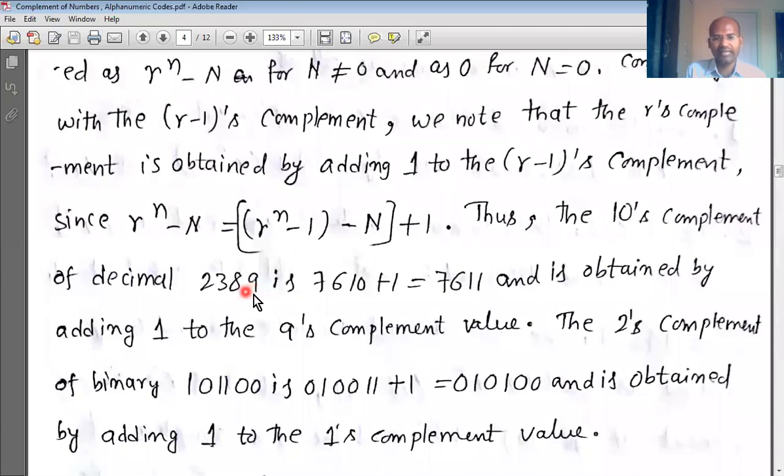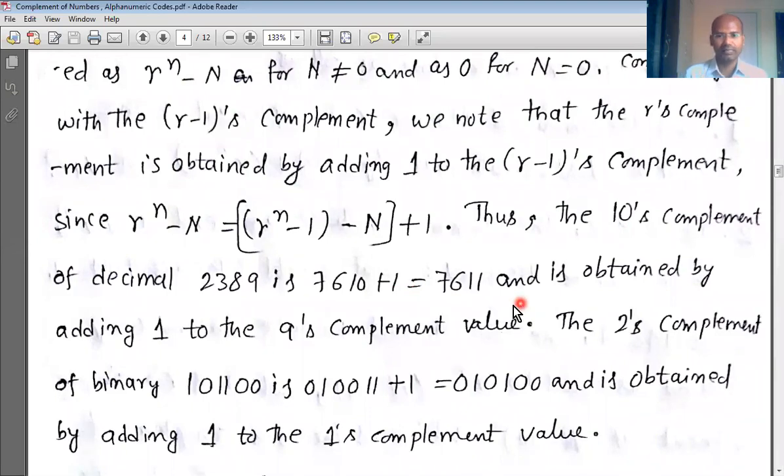We found the 9's complement of 2389, which is 7610. To that, after adding 1, we get 7611, which is the 10's complement. So if you are to find out the 10's complement, you can do it like this. Find out the 9's complement of the given number, add 1 to the result, then that result becomes the 10's complement.